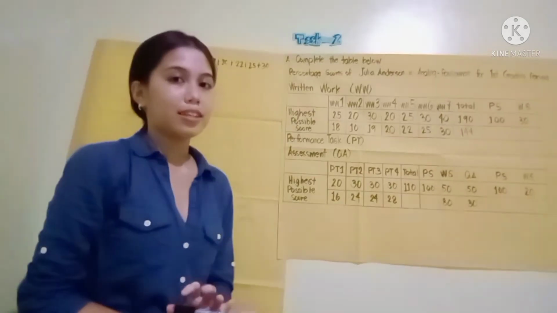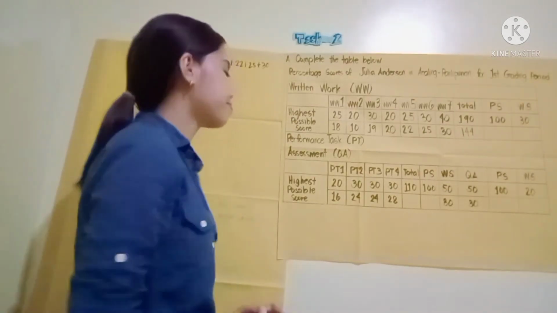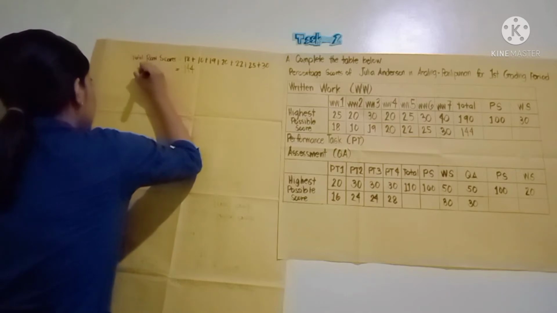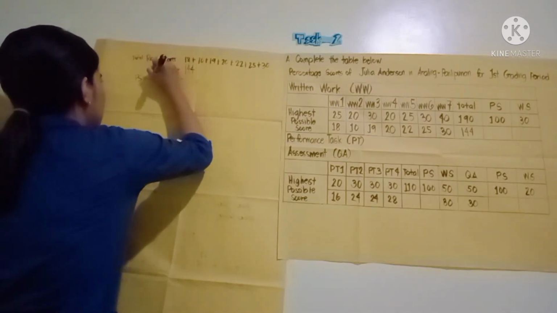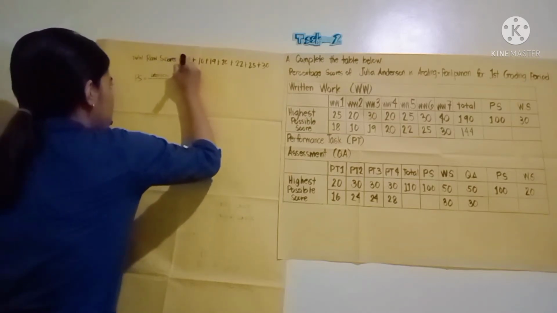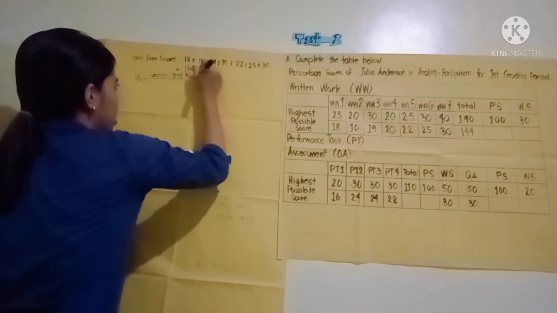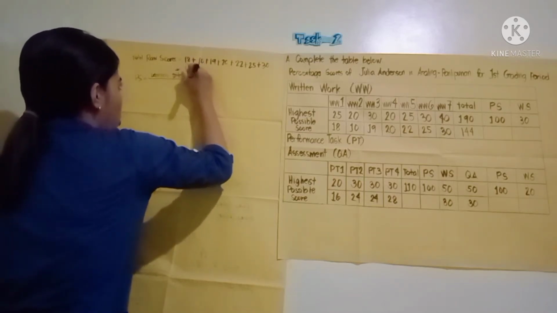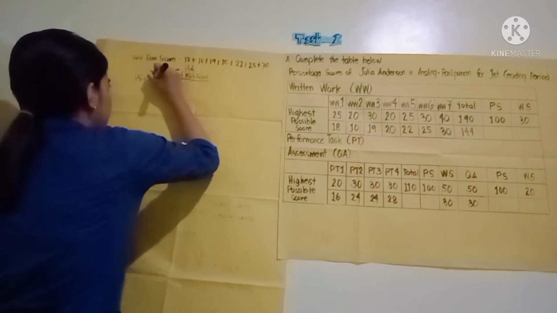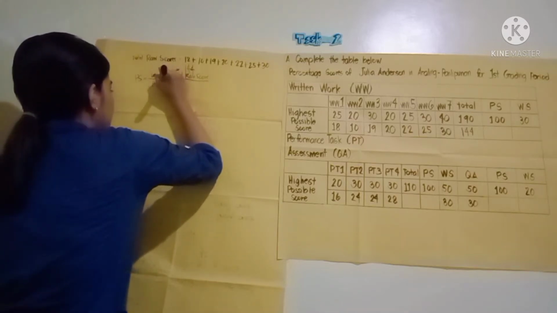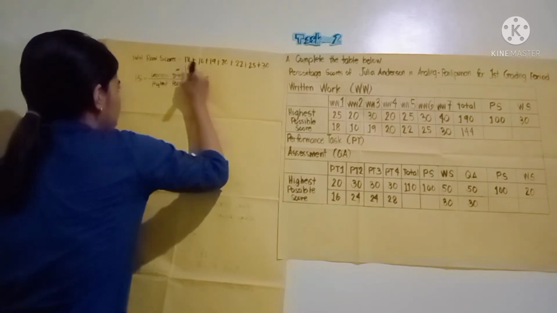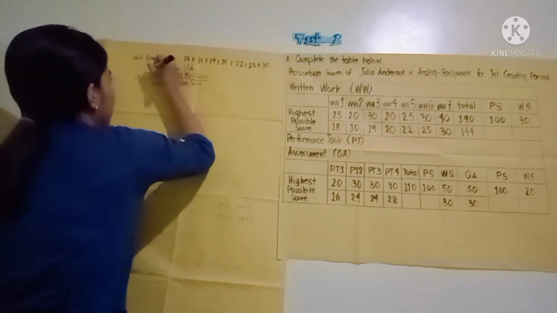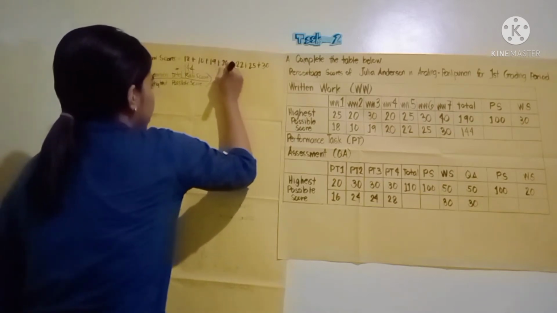So next is getting the percentage score. PS for the percentage score equals the learner's total raw score over his highest possible score times 100%.